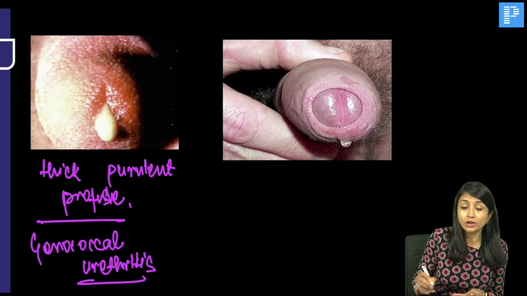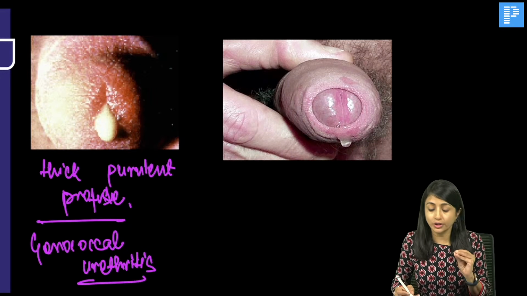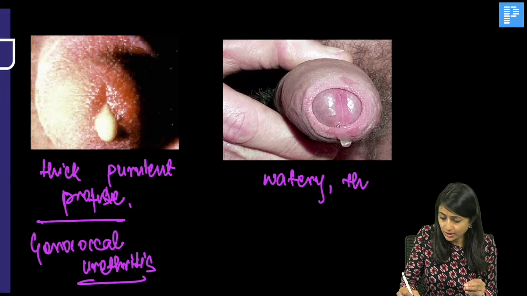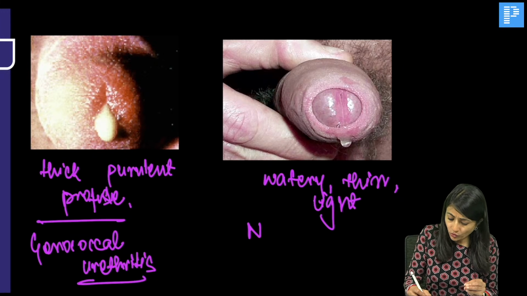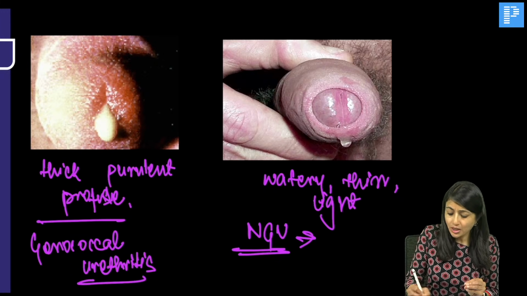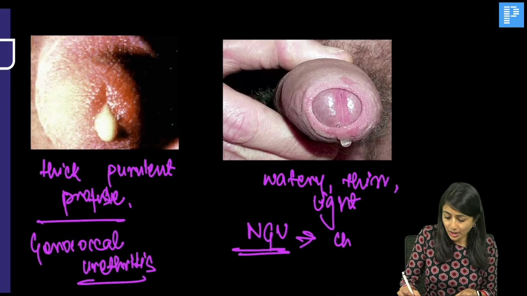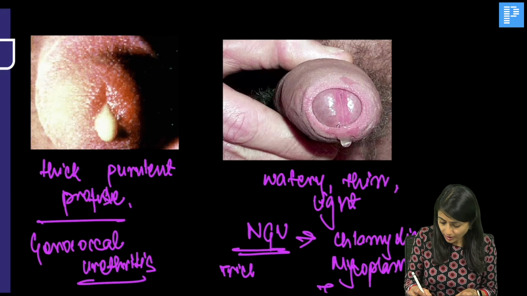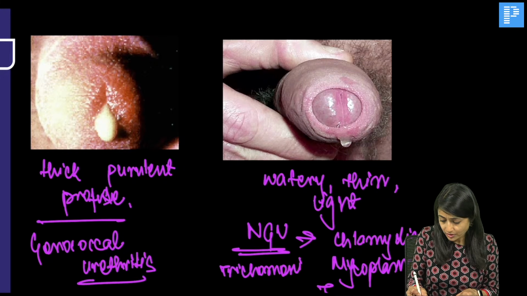So, gonococcal urethritis would be thick, purulent and profuse, whereas if you see a watery, thin, light discharge, then you have to think of non-gonococcal urethritis, and common organisms causing NGU are chlamydia, mycoplasma, trichomoniasis and HSV.